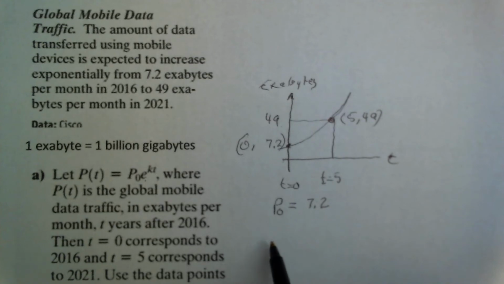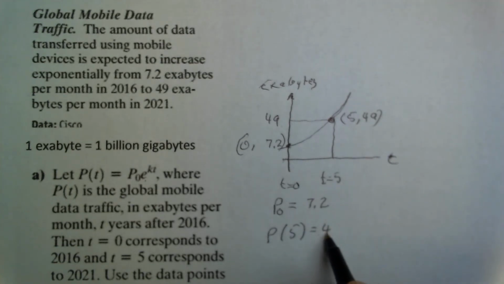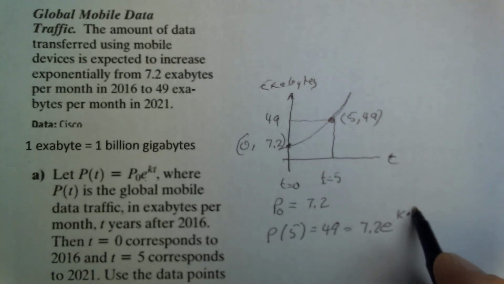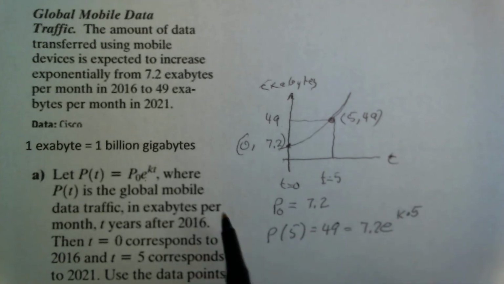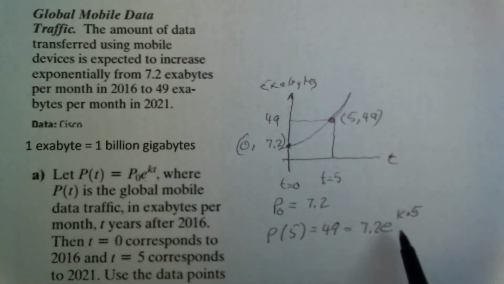And so we have P of 5 equals 49 exabytes, and that's equal to 7.2 e to the k times 5. t is equal to 5, so e to the 5k.